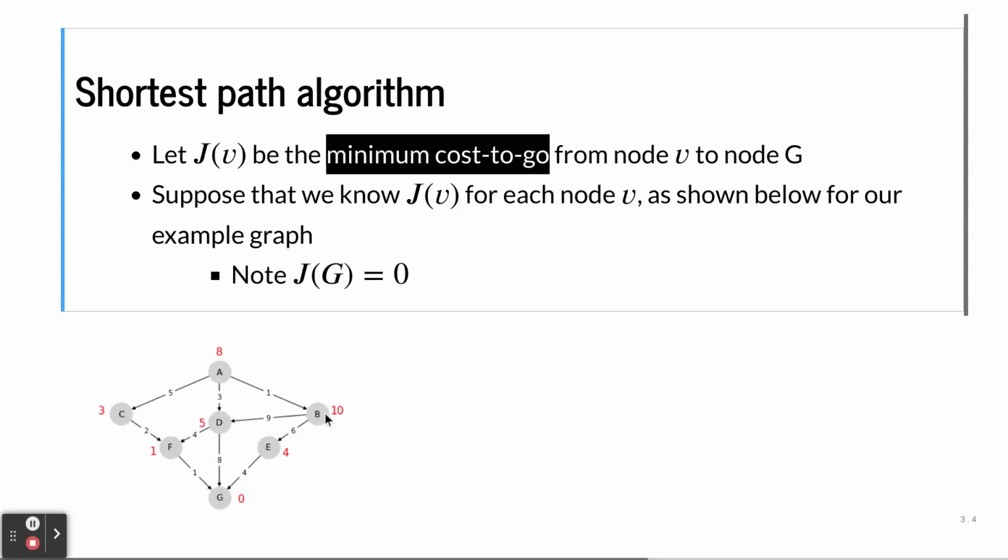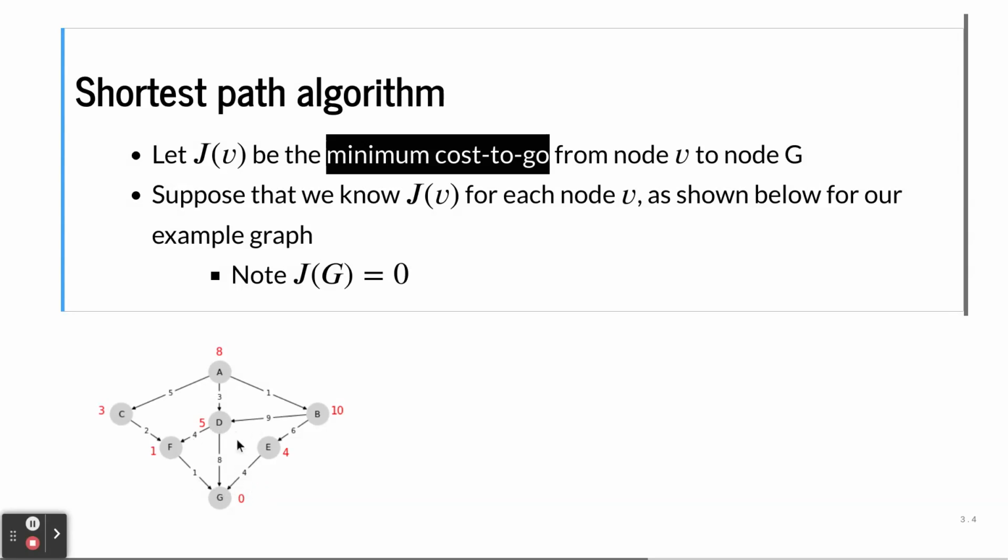If we consider the cost starting, say, at node b, there are a couple of possible routes. One would be to go BEG for a total cost of 10. Another would be BDG for a cost of 17, or BDFG for a total cost of 14.